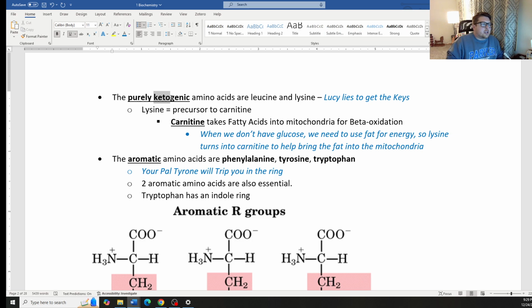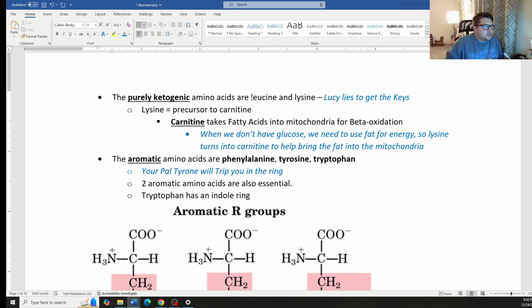What that means is that our bodies produce these specific chemicals called ketones, or ketone bodies, which give energy in place of glucose. Because we don't have carbs, we don't have a lot of glucose, so our body produces ketones.